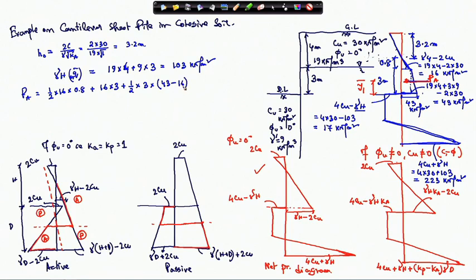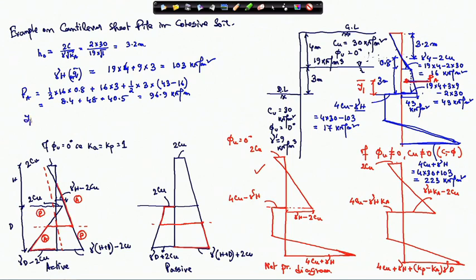So, this is 43 minus 16. So, these 3 parts will be 8.4 plus 48 plus 40.5. So, this is equal to 96.9 kilonewton per meter. Okay.